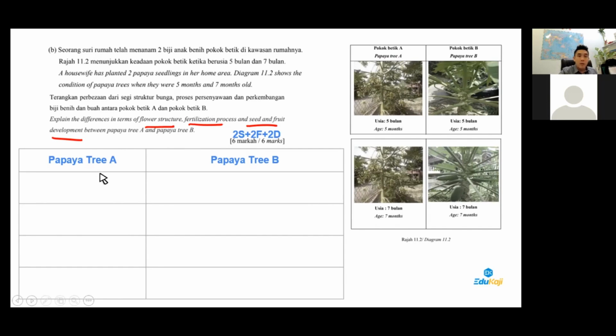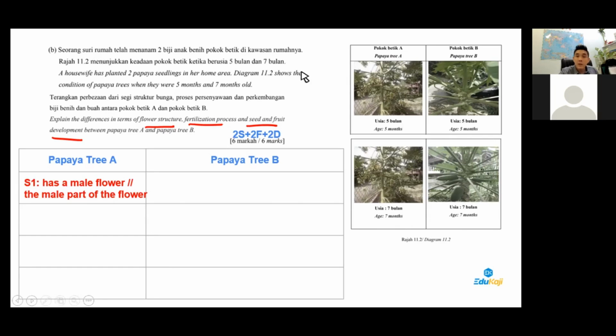Anyway, between A and B, it's a bit hard to tell. They do have stamen, guys. You can see clearly, they do have stamen. Stamen is the male part. Here has male and female parts.